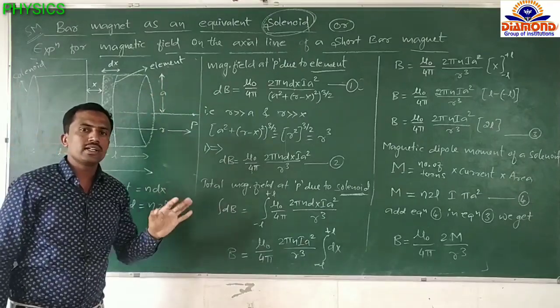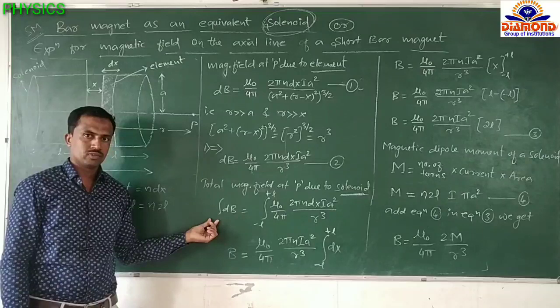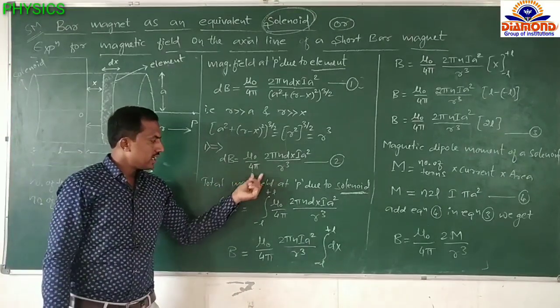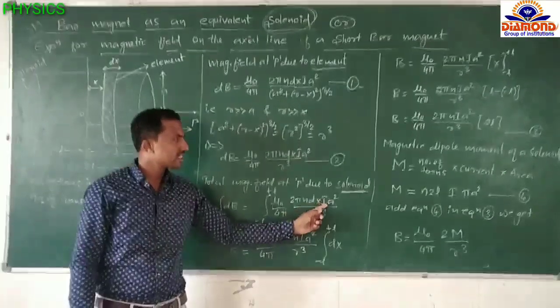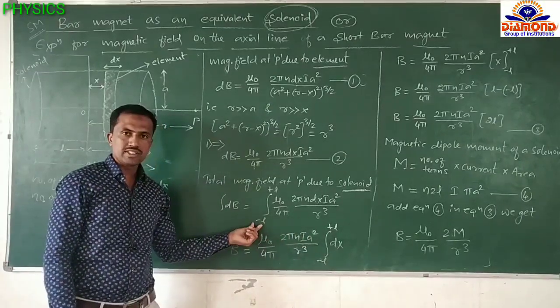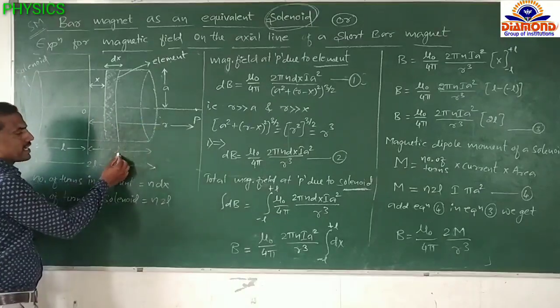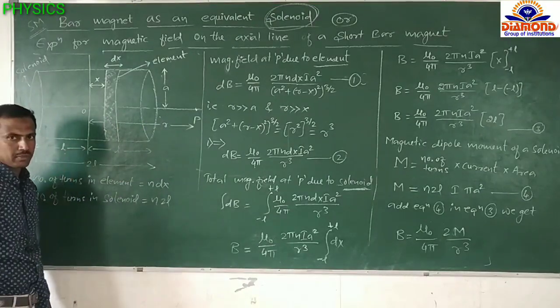To calculate the magnetic field, we are using integration: integration of dB, then integration of mu naught by 4 pi, 2 pi n I dx I a square by r cube. We are using the limit minus L to plus L, because right side of the origin we are taking a positive number and left side of the origin a negative number.